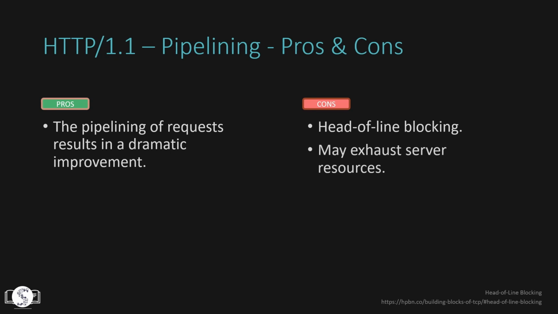Second, when processing in parallel, the server must buffer pipeline responses, which may exhaust server resources. And the last is a failed response may terminate the TCP connections, thus forcing the client to re-request all the following resources, which may cause duplicate processing.